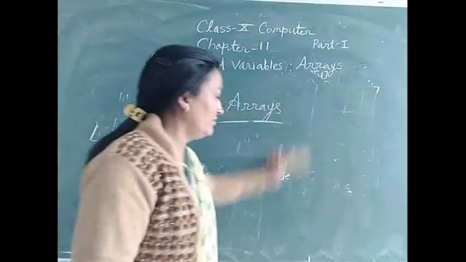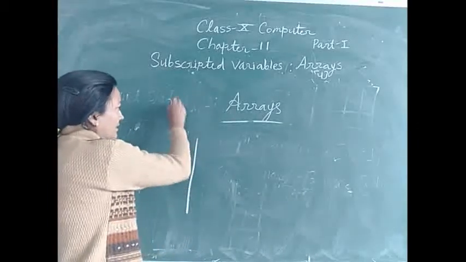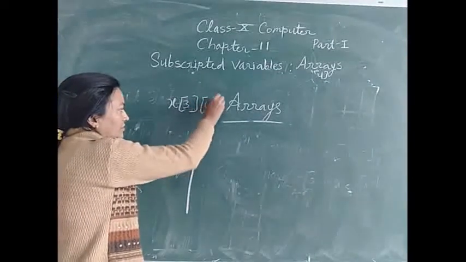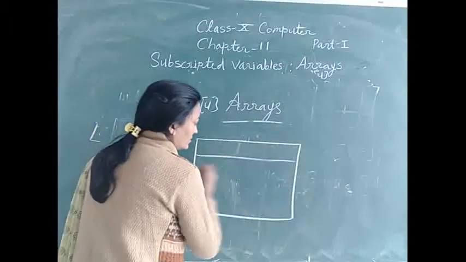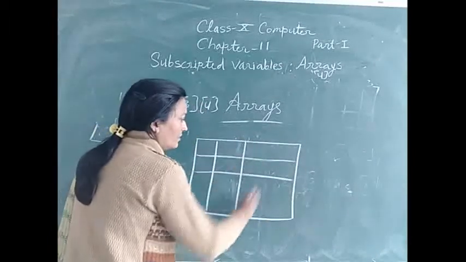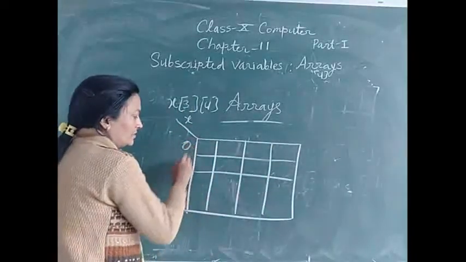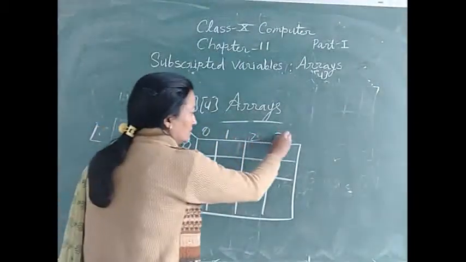Here we take an example. Let an array size be x[3][4]. It means here are 3 rows and 4 columns, and the array is X. 3 rows means 0, 1, 2 and columns 0, 1, 2, 3.